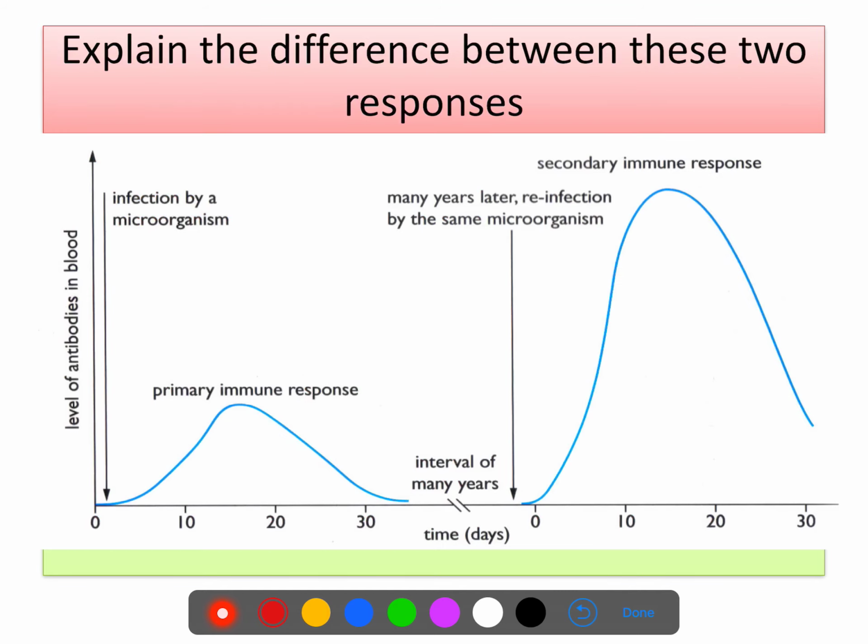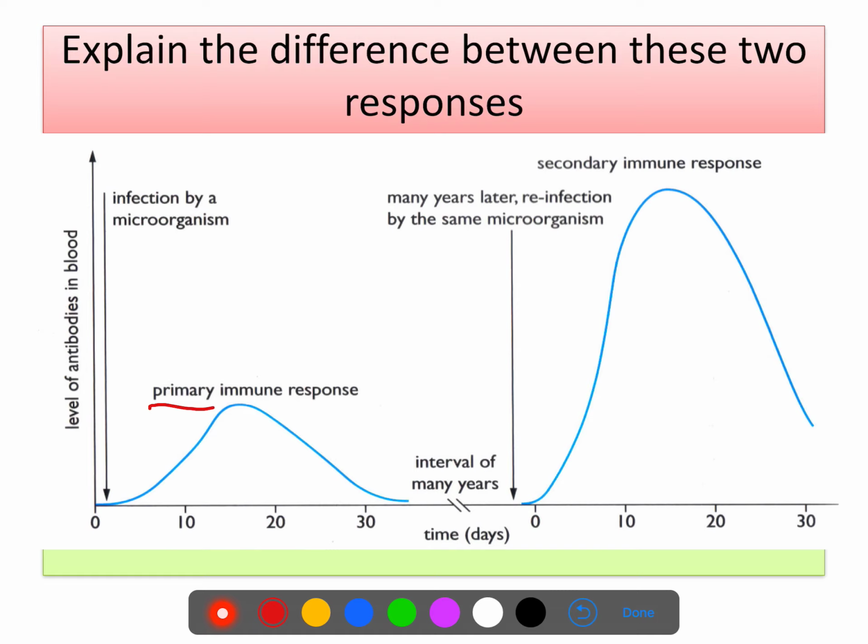So looking at this in terms of two graphs. On this first graph, the primary immune response, on initial exposure, the non-specific immune response of phagocytosis and the specific immune response of lymphocytes will start to produce antibodies. This can take several days to make the right antibodies, so you can start to feel quite unwell.